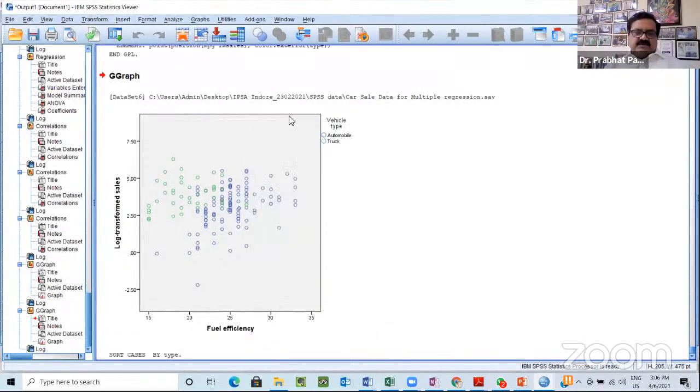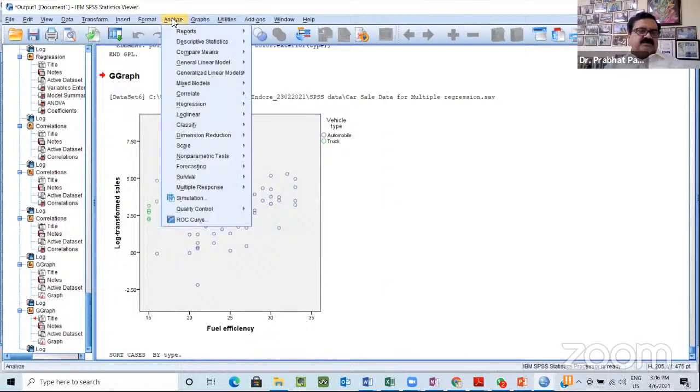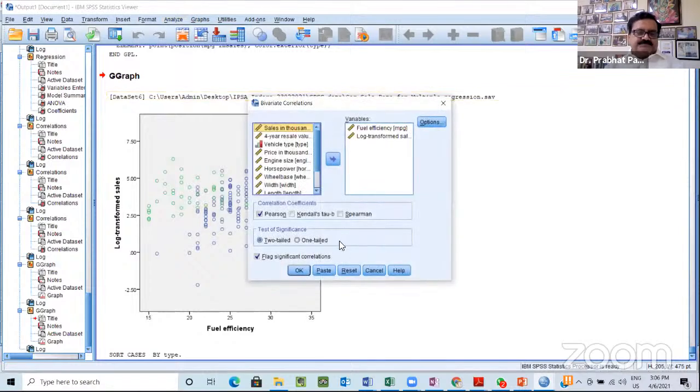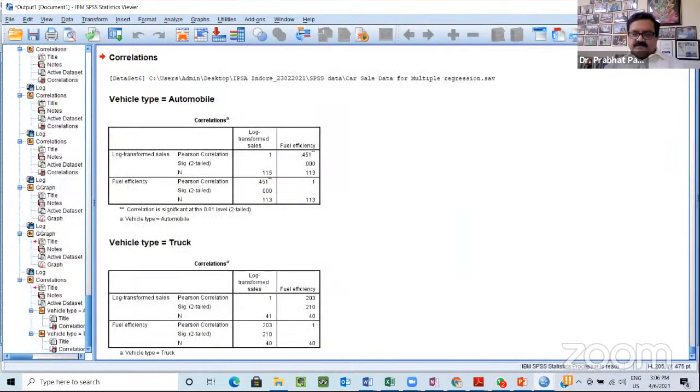And then I said okay, and now the data has been divided. I'm going to go to correlation, reset. Then I'm taking log transformed sale and fuel efficiency. And then I'm saying okay.